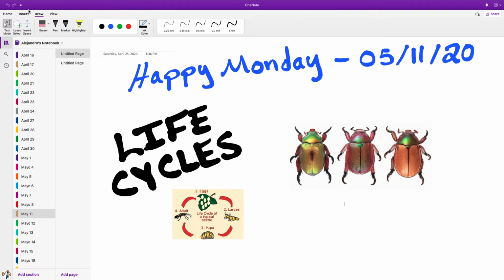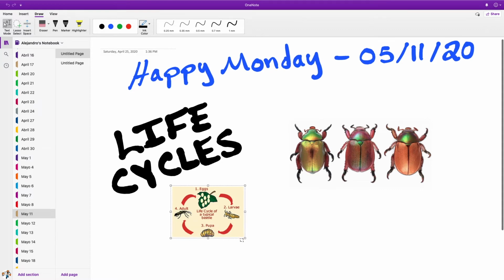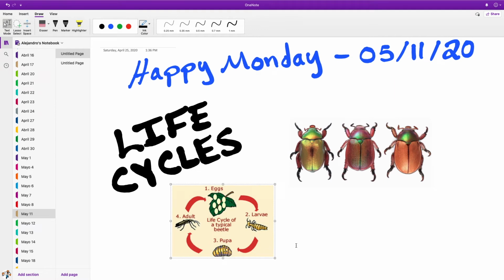So today, guys, we're gonna have the chance to analyze the life cycle of beetles, which is an amazing insect because they look very different at every stage of the life cycle. I have here an image that you can see, and you can see the beetle's life cycle has 4 stages, and guys, you can see that they look really different from stage 1 to stage 2, from stage 2 to stage 3, and from stage 3 to stage 4.